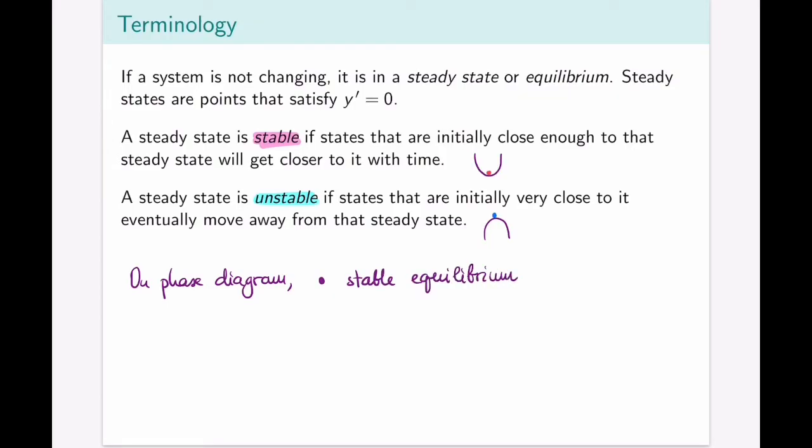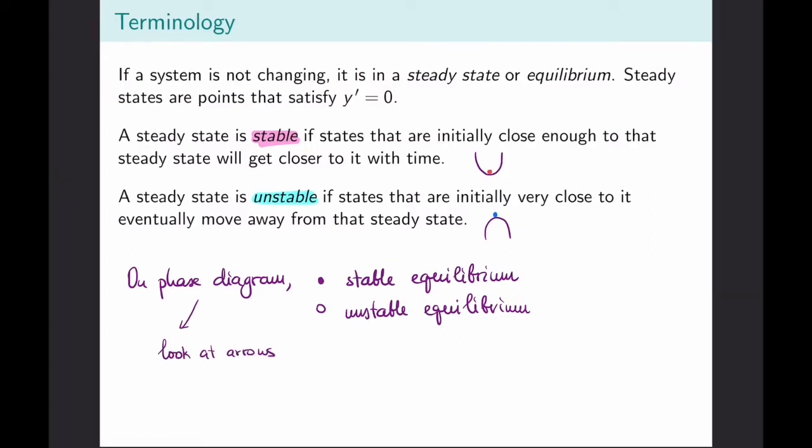And we will use an open or hollow circle for unstable equilibrium. And again, on the slope field, we're going to be looking at where the solution leads us. And on the phase diagrams, we're going to be looking at arrows.